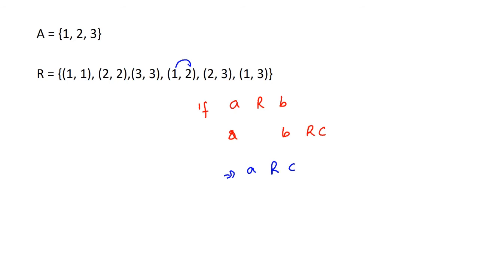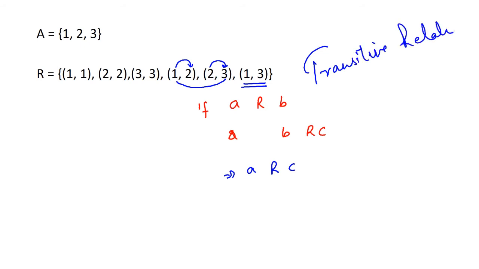For example, 1 is related to 2 and 2 is related to 3, then 1 has to be related to 3. Such relations are known as transitive relations, and this has to be applicable to all the ordered pairs which belong to R.